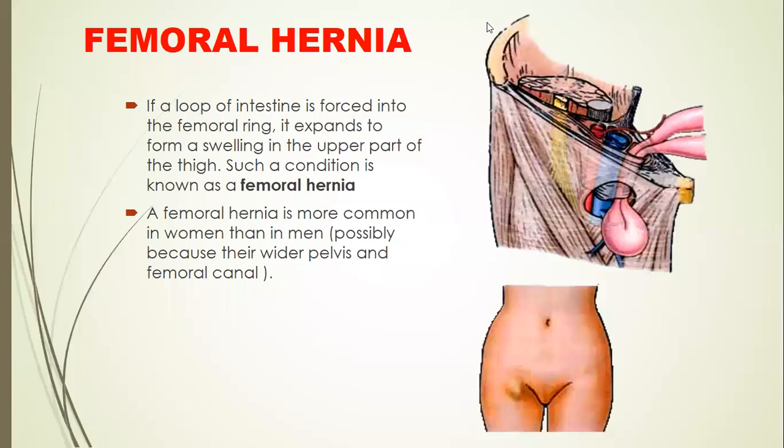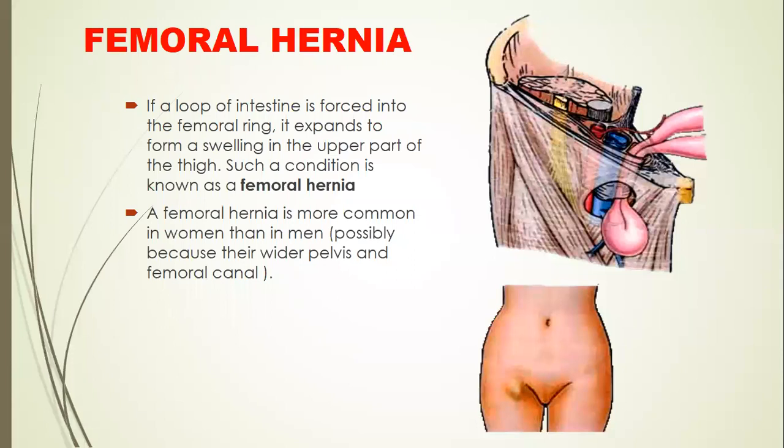Sir, adductor hiatus. Adductor magnus. There was a space. What was it called? Actually, the adductor magnus possesses 5 perforations. The largest perforation lies between the insertion of the hamstring and the adductor part.